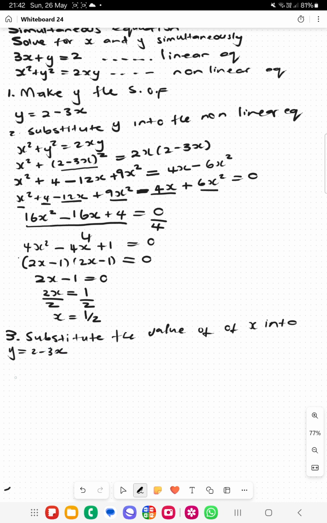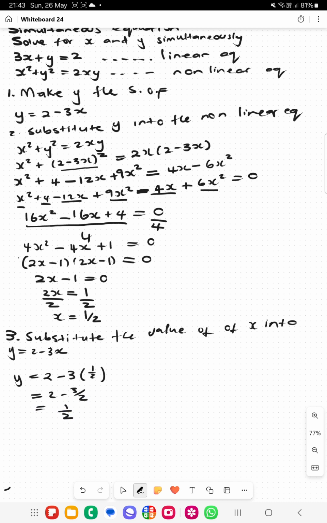That will be y equals 2 minus 3 times, wherever I see x, I'll put a half. And that gets me to an answer of 2 minus 3 over 2. That gives me a half.